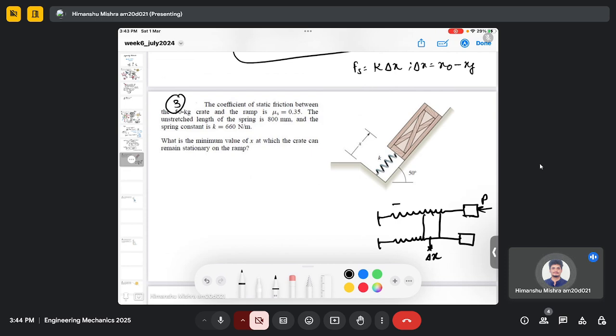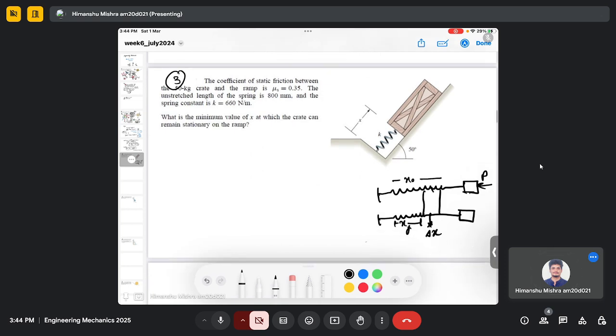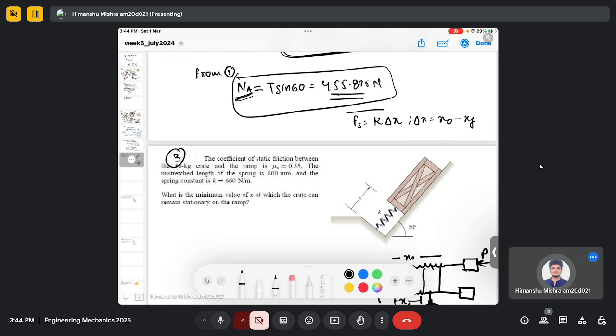So this is our original spring length, which is x naught, and this is our final one, which is let's say xf. And the difference between x naught and xf is delta x, which can be used in the spring force relation.